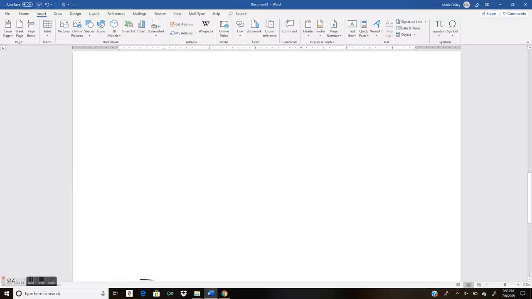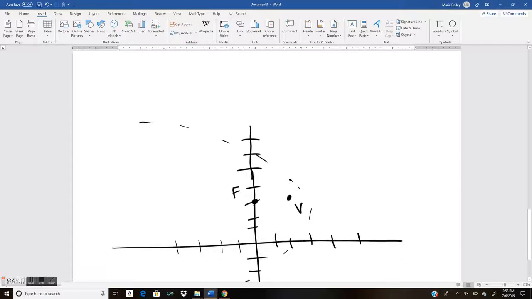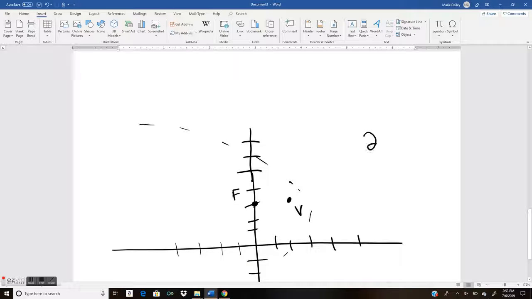Now from here we can start to construct our latus rectum. Now the latus rectum, remember, is on the same line as the focus but perpendicular to the axis of the vertex. Since p is negative 2, that means we're going to move 4 units up and 4 units down from the focus.